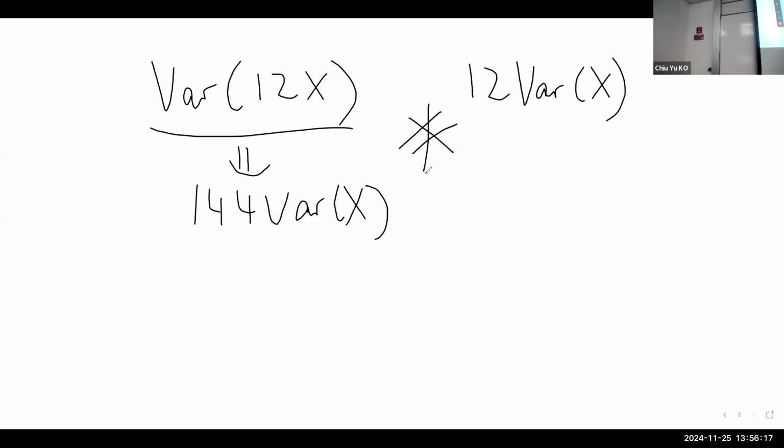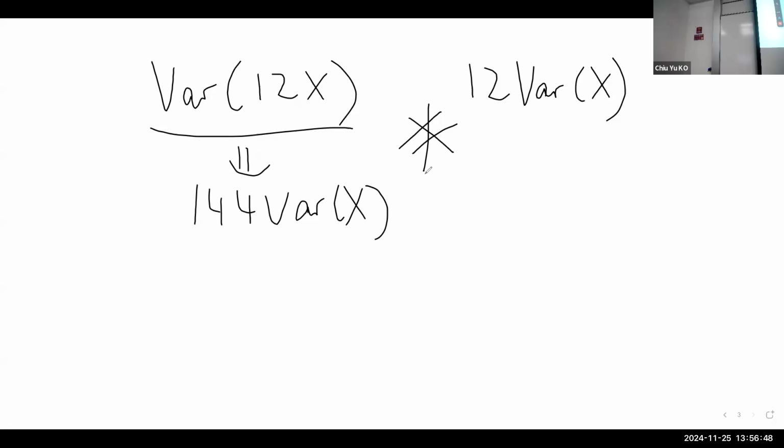But in terms of SD, it's also 12 times. So if you double your investment and measure risk by standard deviation, it's still double. But if you measure by variance, it's quadruple. That's the difference.